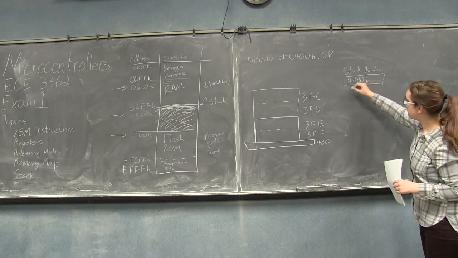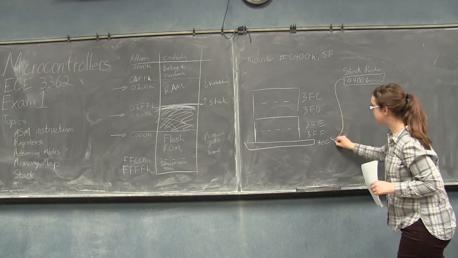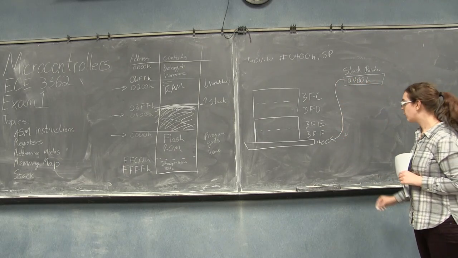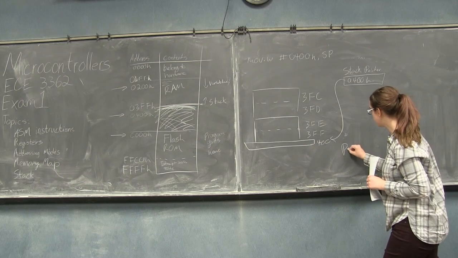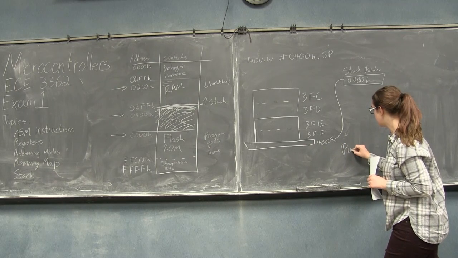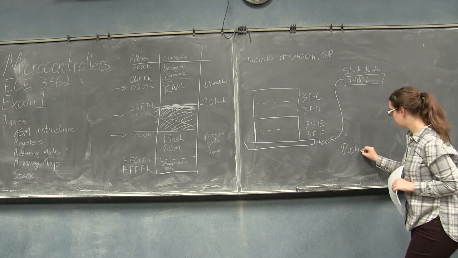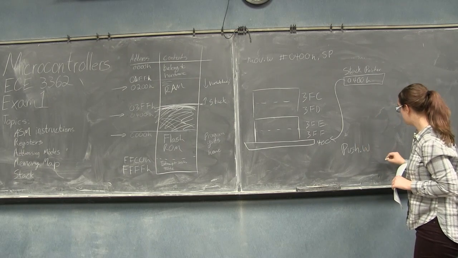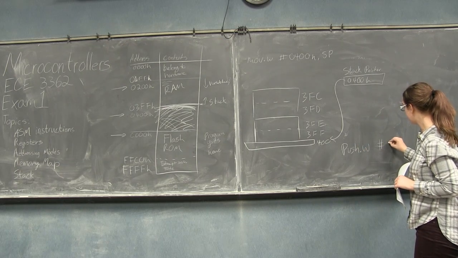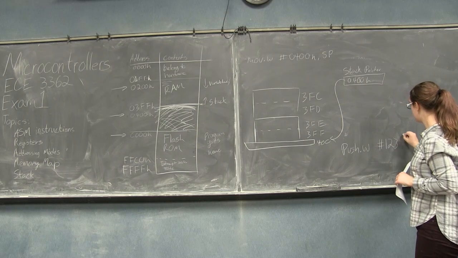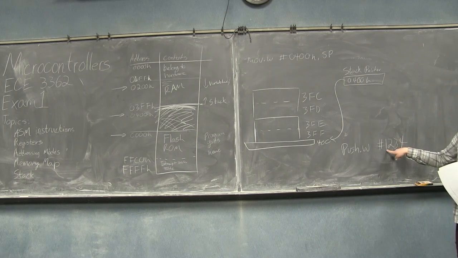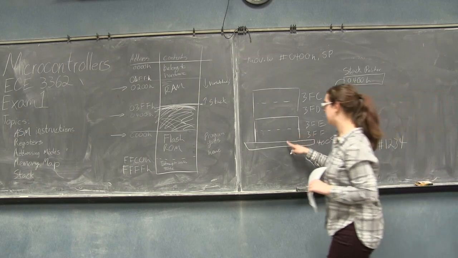So at the beginning of your program, the stack pointer points to the very bottom of the stack. When you use the push command, you store this value on top of the stack.